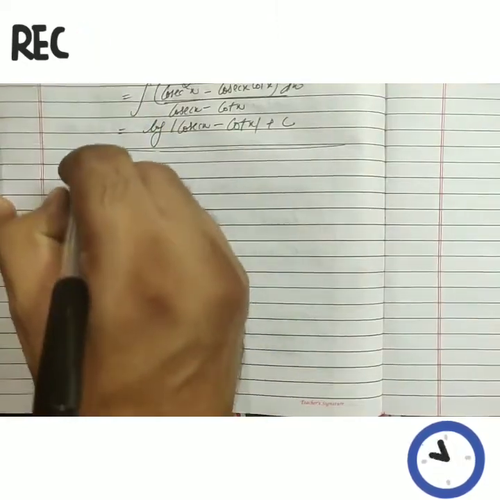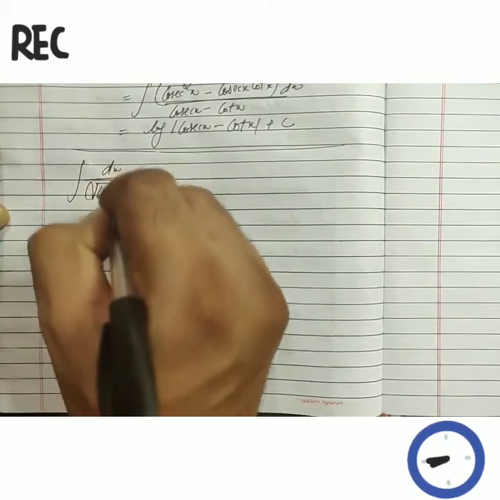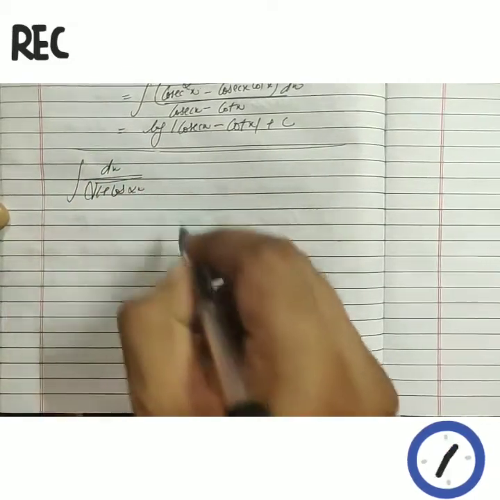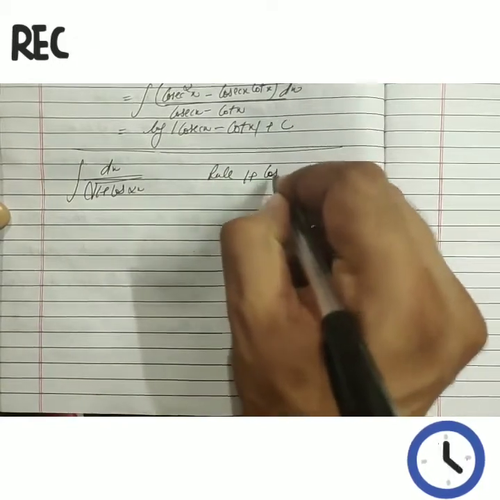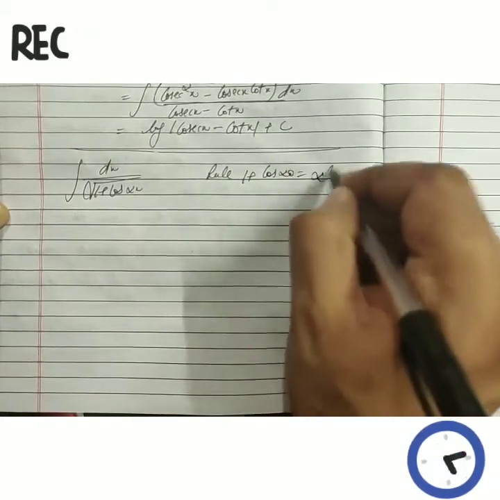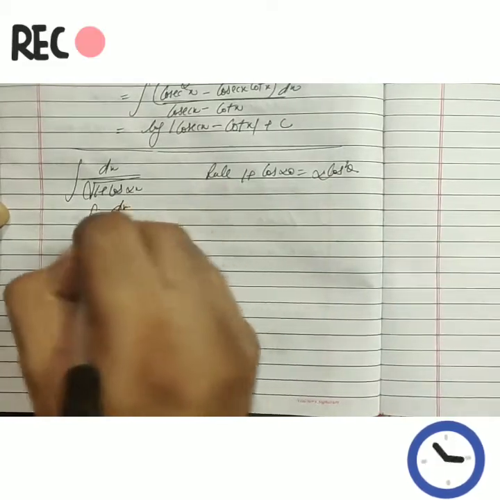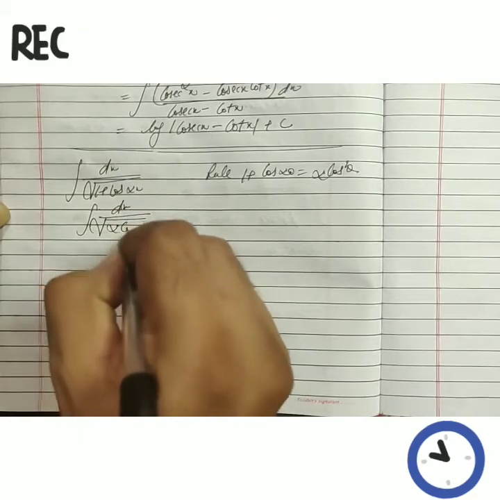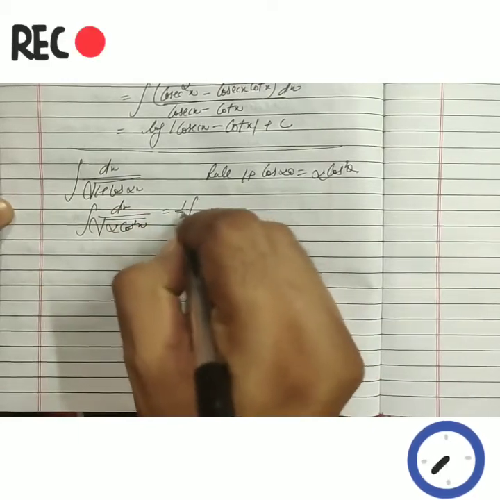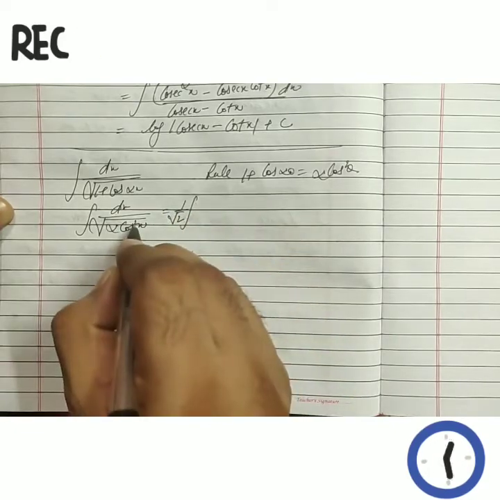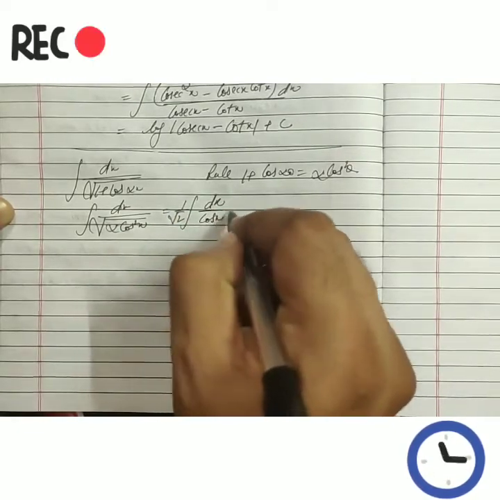Next we have integration of dx divided by square root of 1 plus cos 2x. By using the rule, 1 plus cos 2 theta can be written as 2 cos square theta. So we can write dx upon square root of 2 cos square x, it becomes 1 by square root 2 outside, square root and square cancel out, we get in the denominator only cos x.